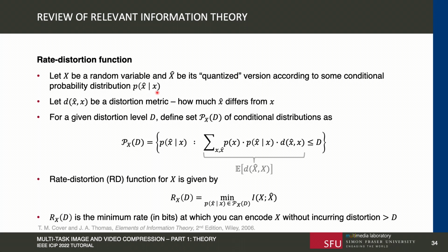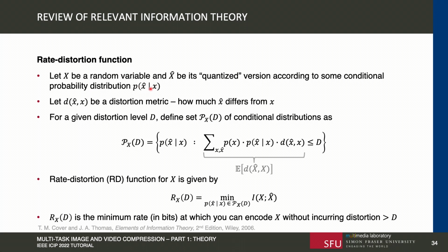The other concept is the distortion metric, d of X hat comma X. Its purpose is to measure how much X differs from X hat. The typical choices are things like L2 norm, mean square error, or mean absolute error, but in general, the distortion metric is chosen based on the application.